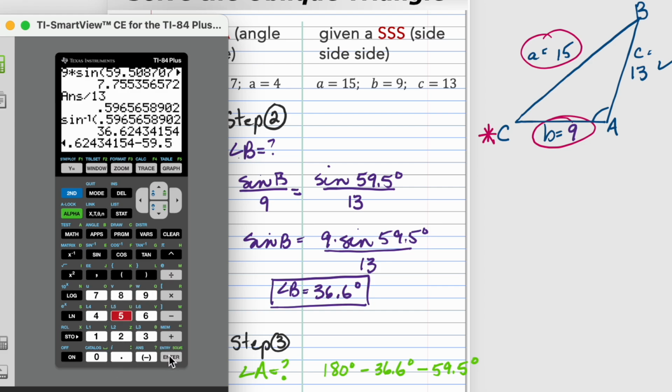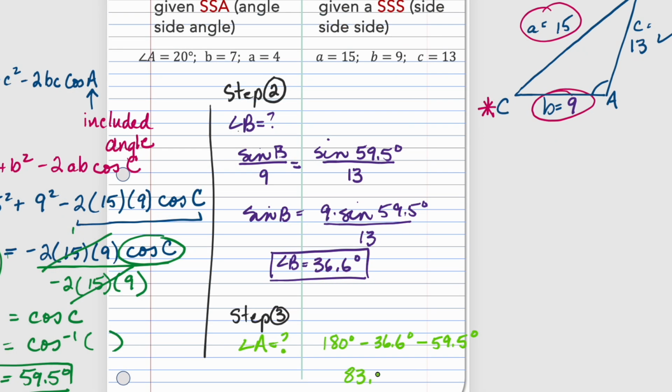Drum roll. 83.9. 83.9 degrees is angle A.